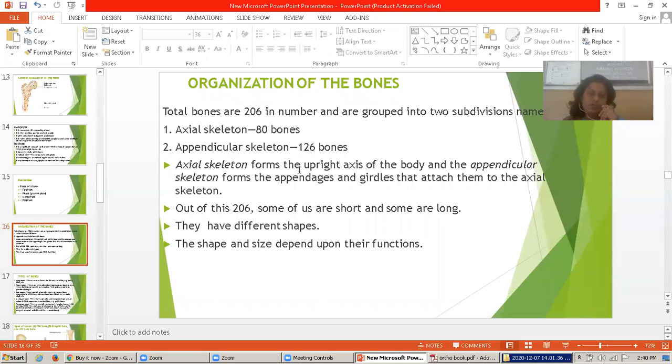The axial skeleton forms the upright axis of the body. The appendicular skeleton forms the appendages and the girdles that attach them to the axial skeleton. Some bones are short and some are long, with different shapes. The shape and size depend upon the function of the bones.